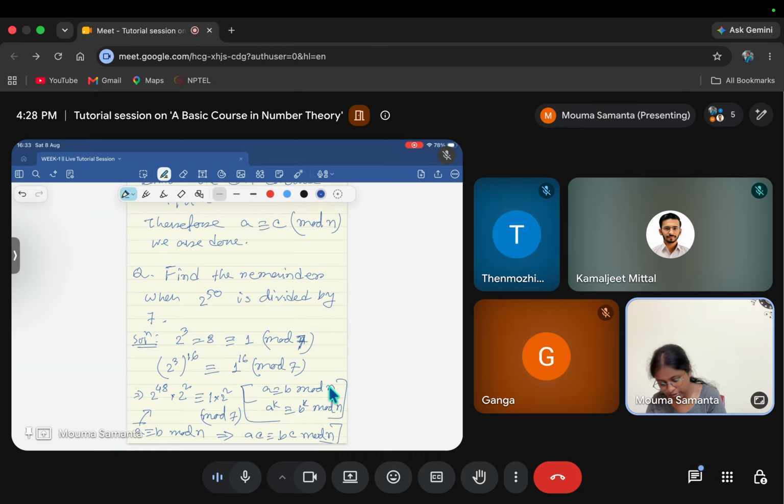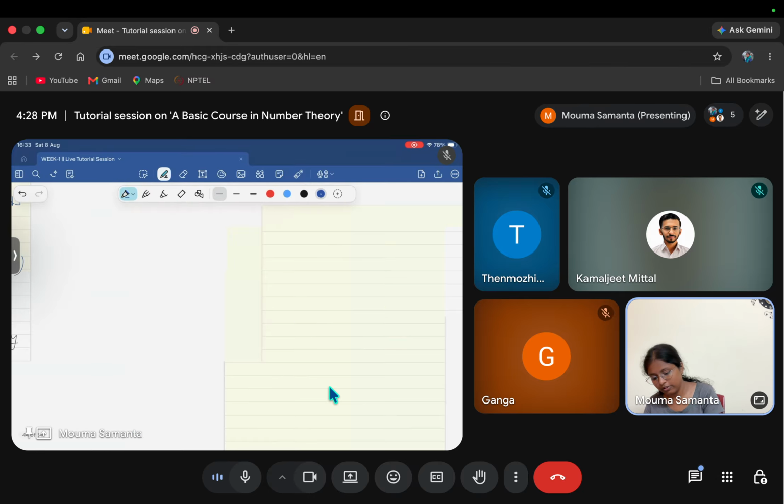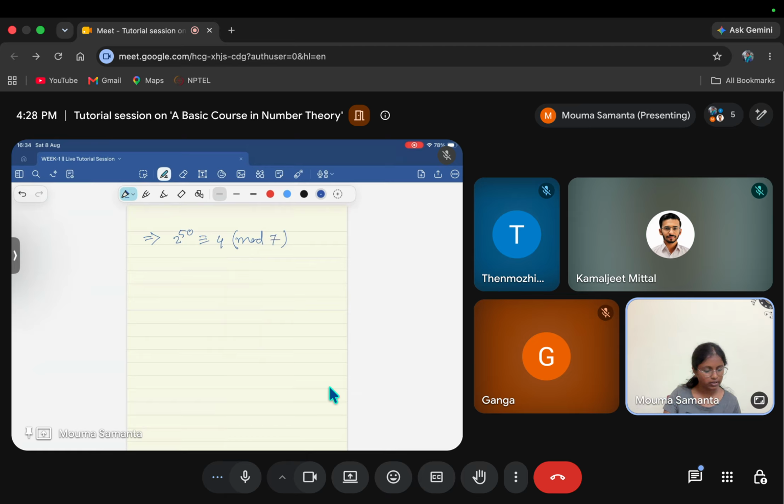This is the theorem we are using here. So from these two we can conclude 2 power 50 is congruent to 4 mod 7. Okay, this was one of the very familiar kinds of questions.